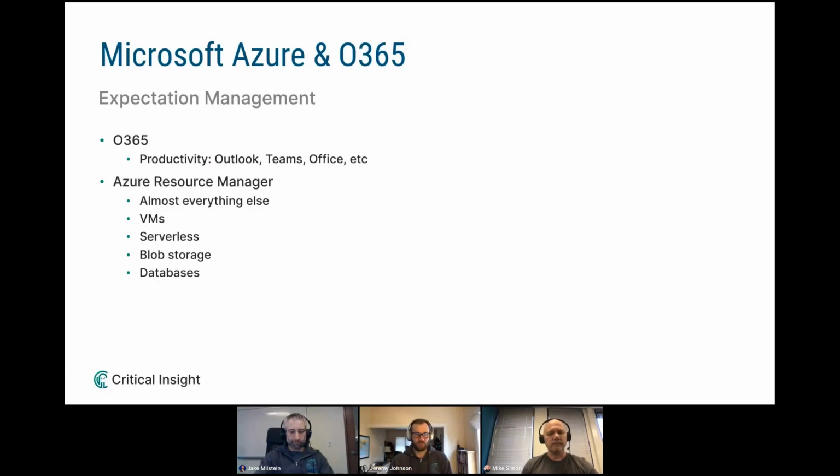What we are going to talk about today is the Azure Resource Manager and some of the stuff under Azure, like classic cloud infrastructure. So it would be VMs, serverless, Kubernetes as an example, blob storage, databases. Azure has over 200 different services as part of its product suite. I'm not going to talk about all of them, just a subset of those. Next slide, please.